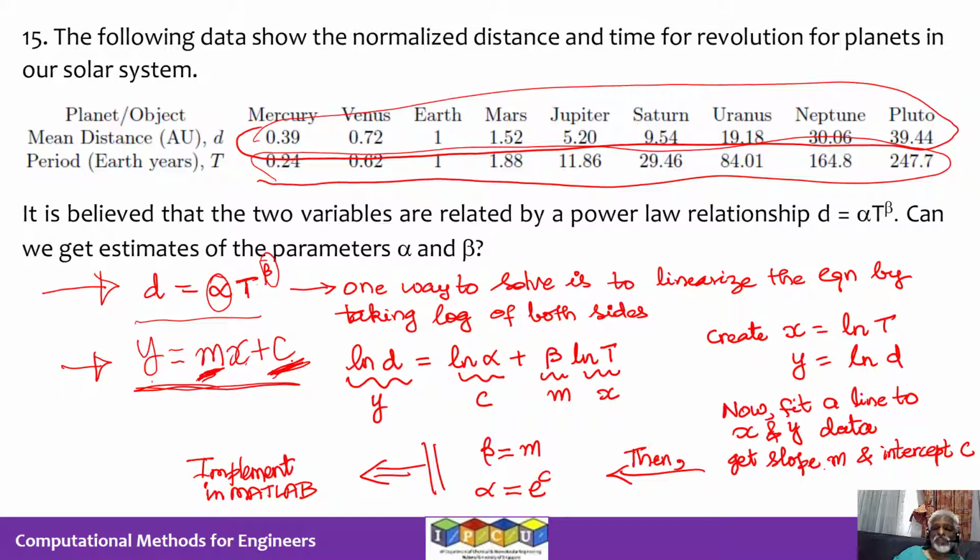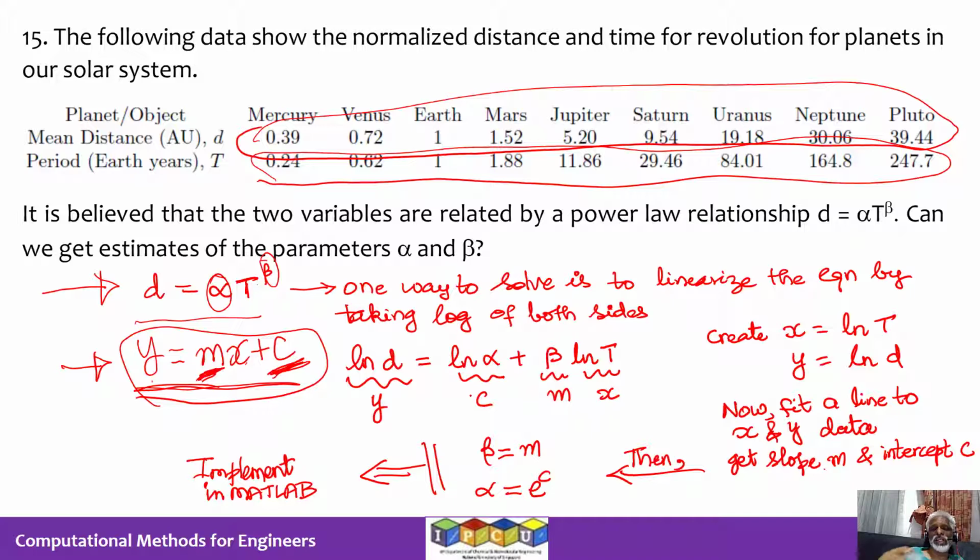So once we solve this easier problem in terms of the new variables y and x, and find m and c, we can just say beta is nothing but m. And since c is equal to ln alpha, we can say alpha is equal to e to the power of c, exponential of c. We are done.